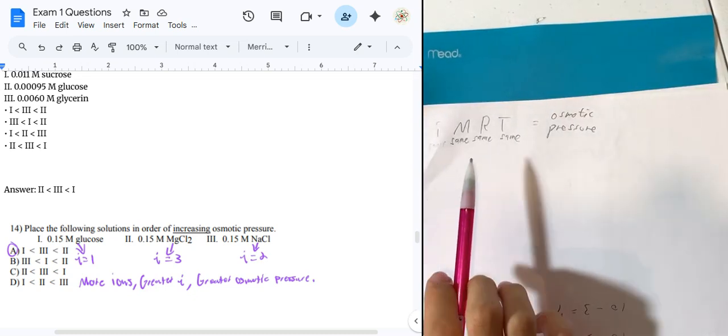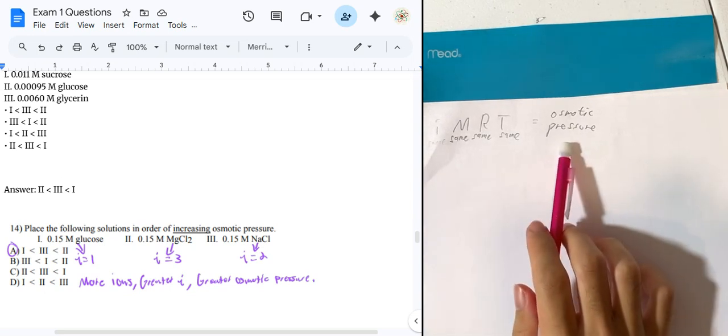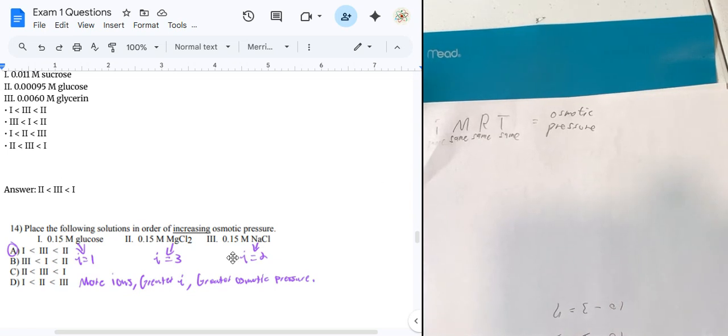Molarity is the same, R is the same, temperature is the same. So the one with the higher I value will have a higher osmotic pressure. So this would have the highest osmotic pressure, followed by this and this.